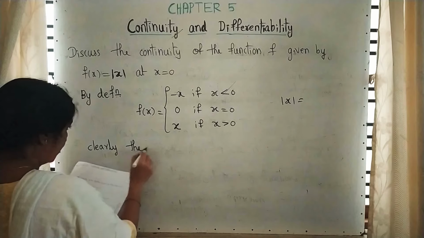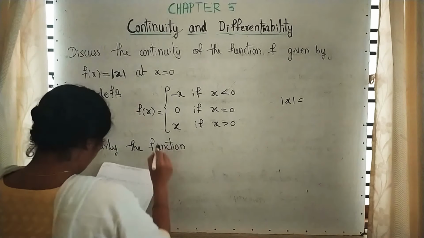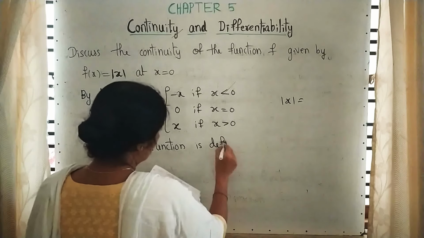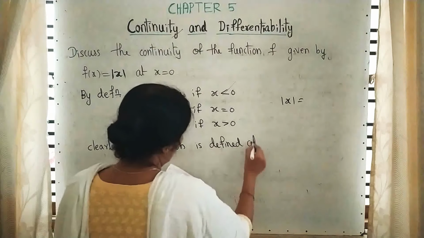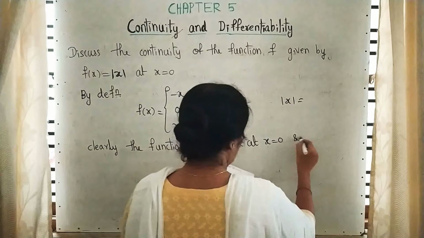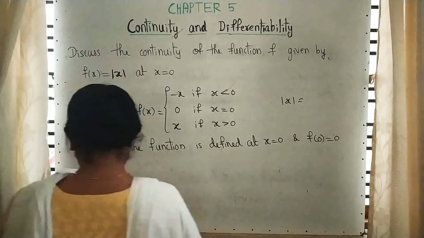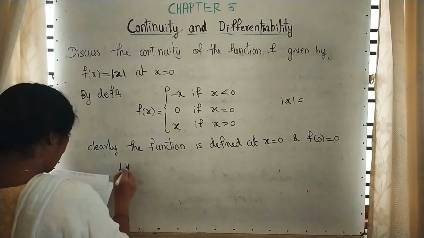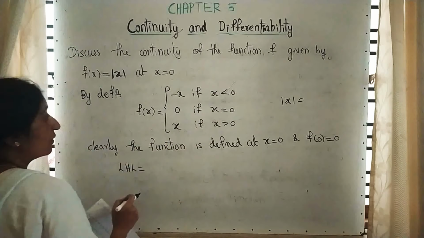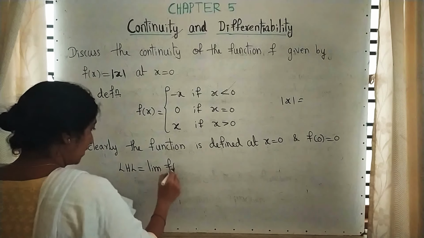Clearly, the function is defined at x is equal to 0. And what is f of 0? Here f of 0 is 0. Now calculate the left hand limit. In these three expressions, the one where x is less than 0, that we have to take as the left hand limit.